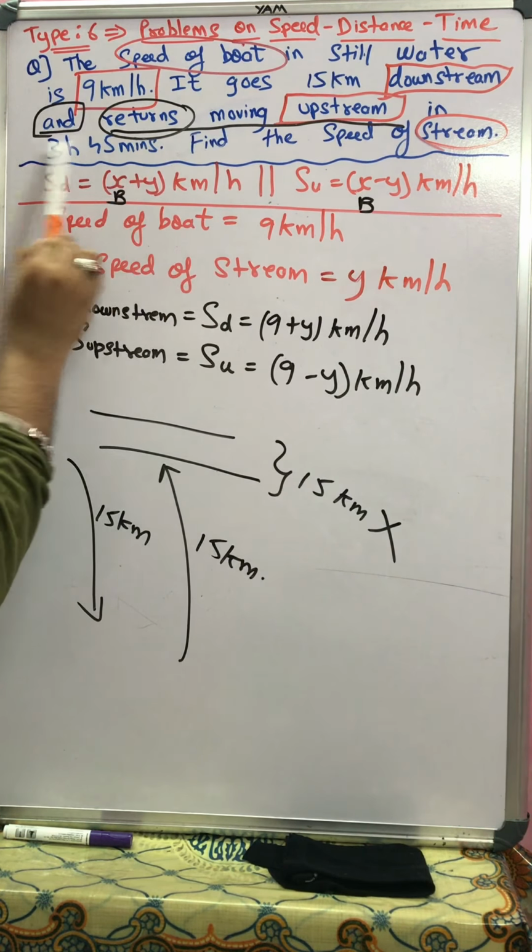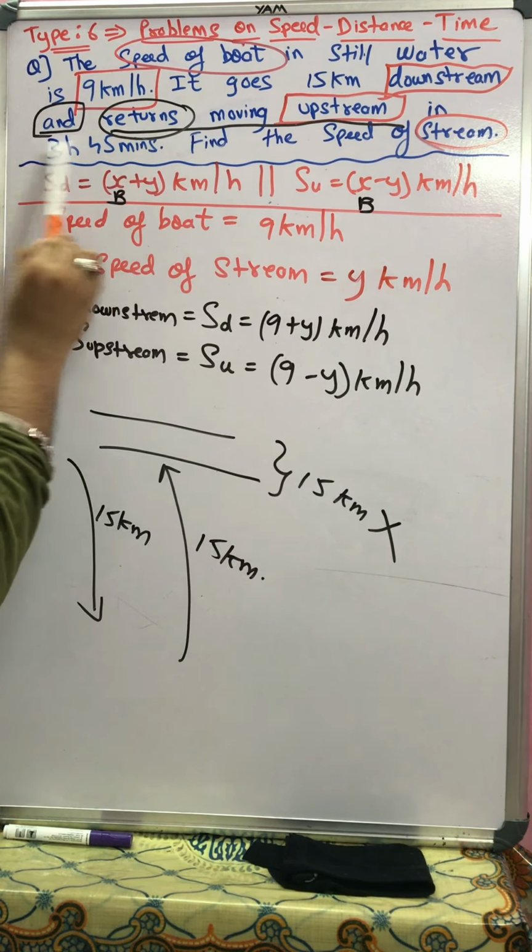I just have to find the time of downstream, T subscript D. I'll find the time of upstream, T subscript U. I'll add them, the time taken downstream plus the time taken upstream will be equal to 3 hours 45 minutes, and I'll form my condition.